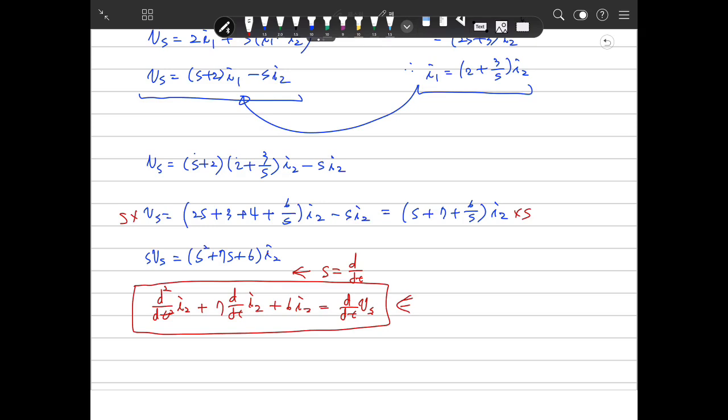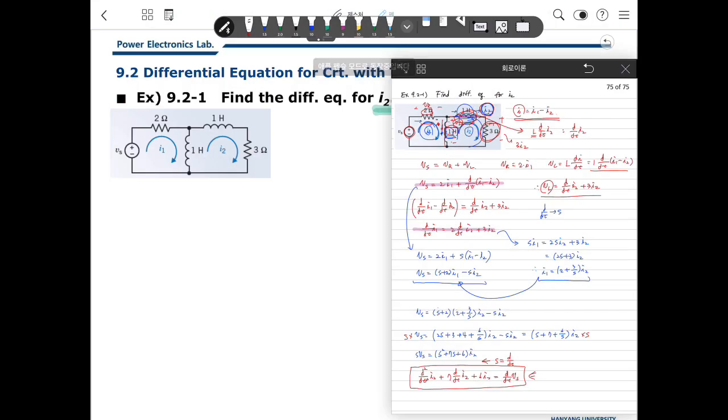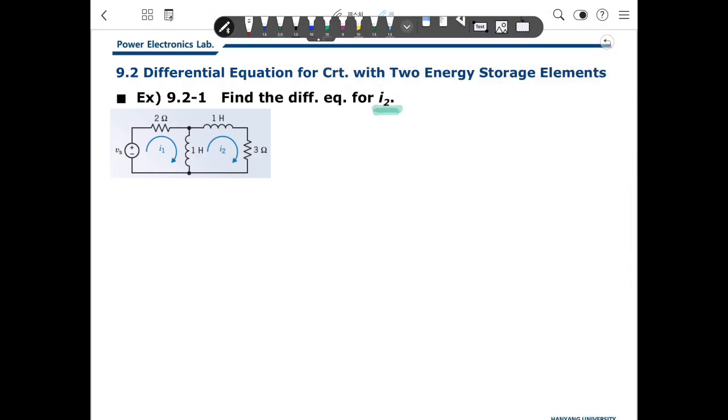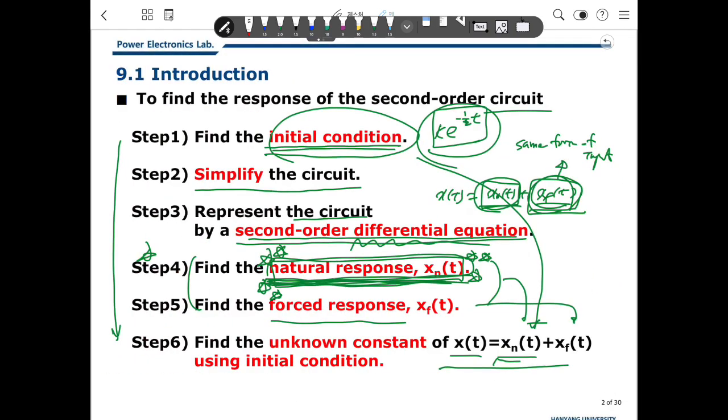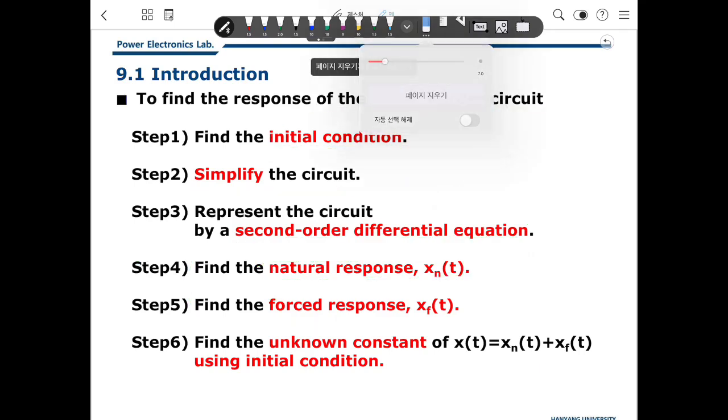So until now, we discussed how to get the differential equation to describe the characteristic of the second-order circuit. We covered how to represent the circuit by a second-order differential equation. The first step is the same as with the first-order circuit, and the second is the same as well.